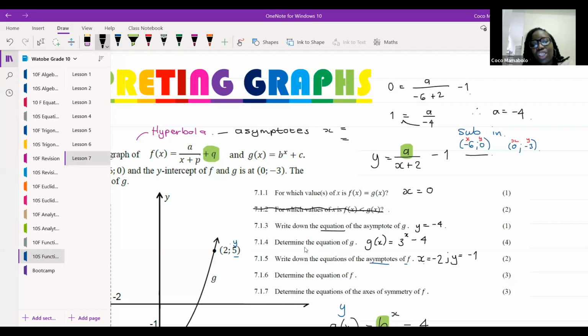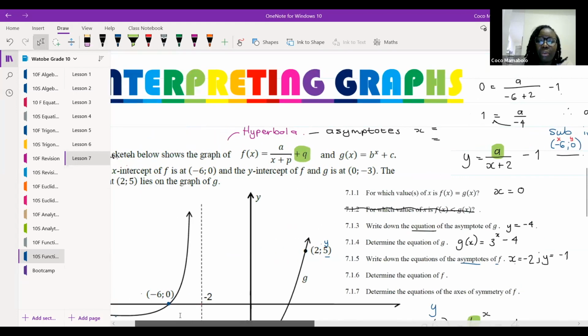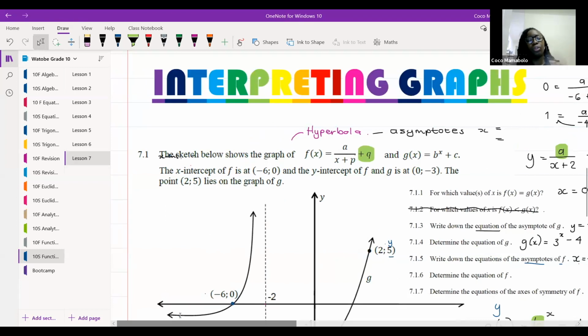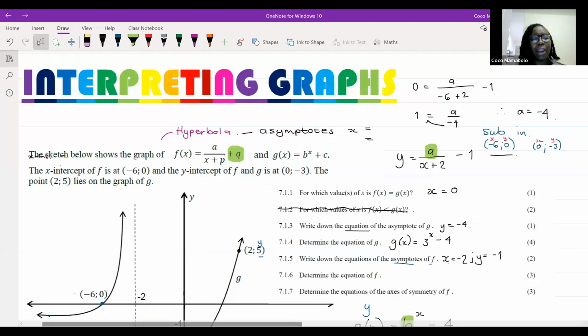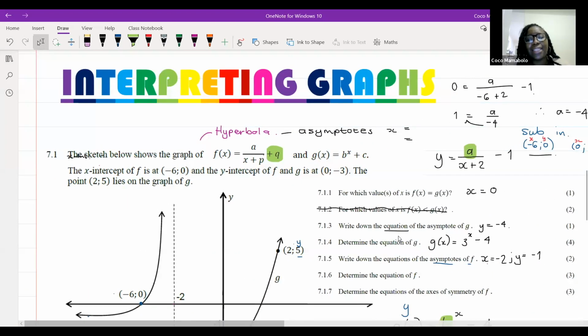Yes or no in the chat, guys? Does the fact that a is negative 4 make sense? Remember what we said at the very beginning. We said that our graph is in quadrants 2 and 4. So it makes perfect sense that my value for a is negative.